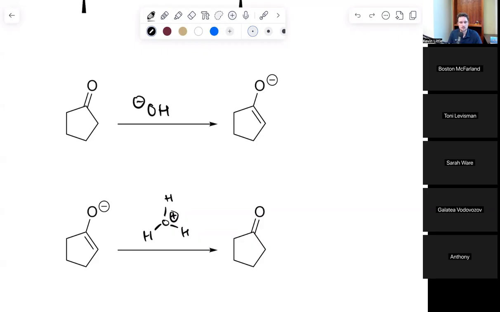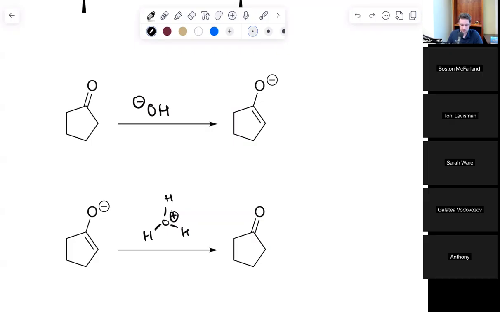The double bond is just electrons. It's not substantial. There's something much bigger that's changed from the starting material to the final product. Somehow, this final product has gotten a negative charge, right? That means we've probably removed some sort of proton, or we've somehow made this negatively charged.